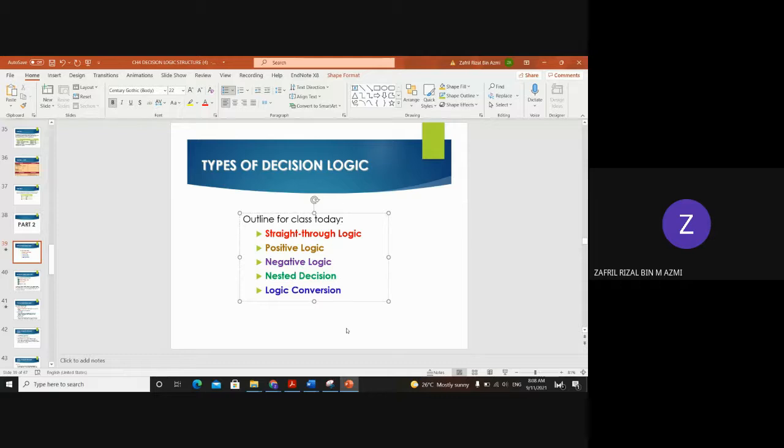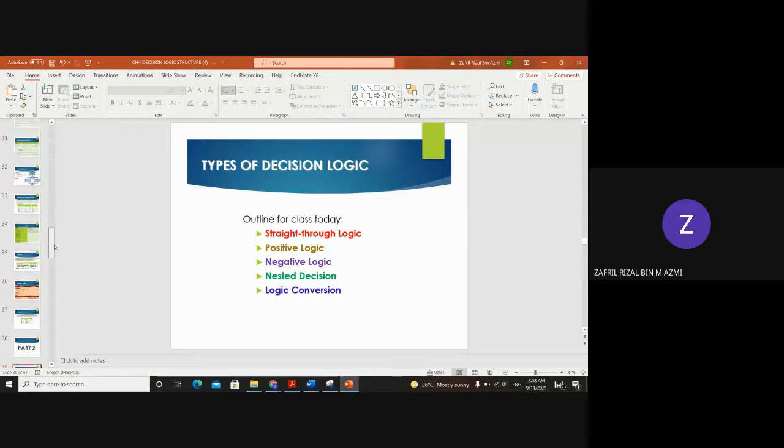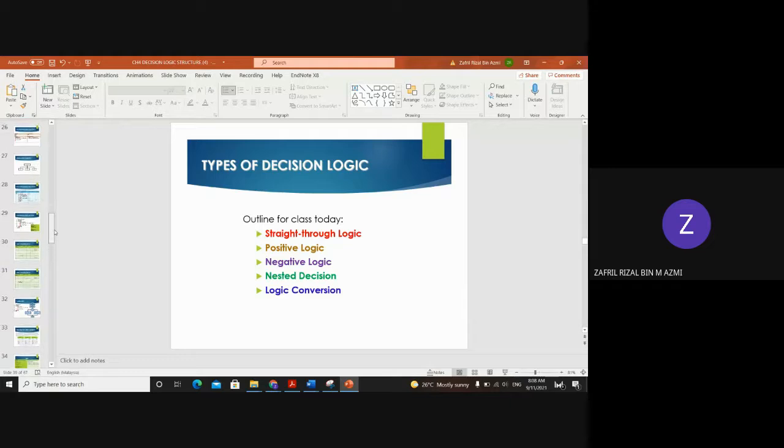So it is all about multi-selection, and all about if statements. The one that we already covered last week is actually positive logic. So what we discussed on multi-selection last week was positive logic.